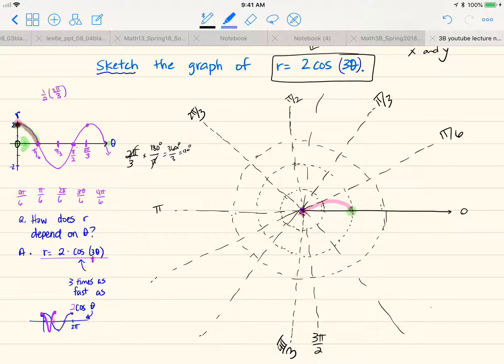Now let's do the next phase, which is from pi over 6 to pi over 3. What's happening here? I am leaving home base, but remember my r is negative. So I should be leaving home base, going back out to 2, but because it's negative, I need to flip it.